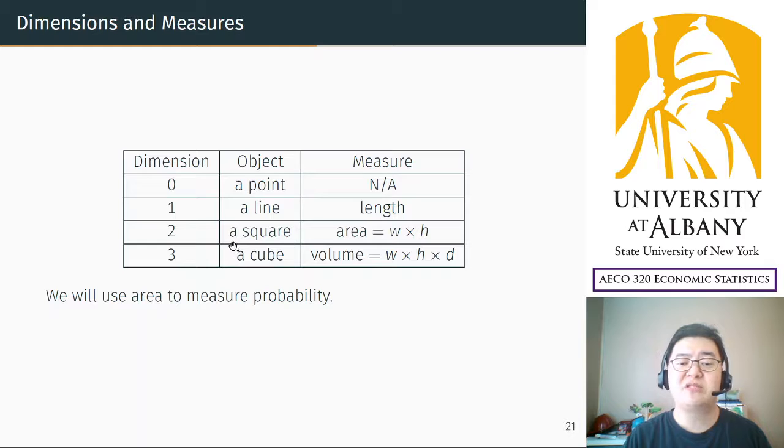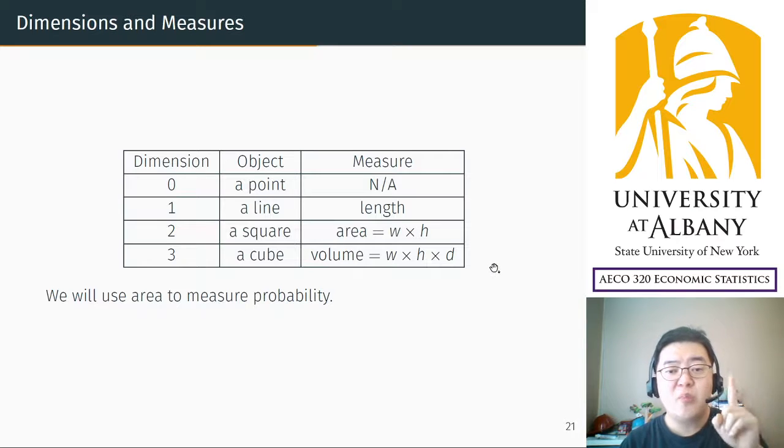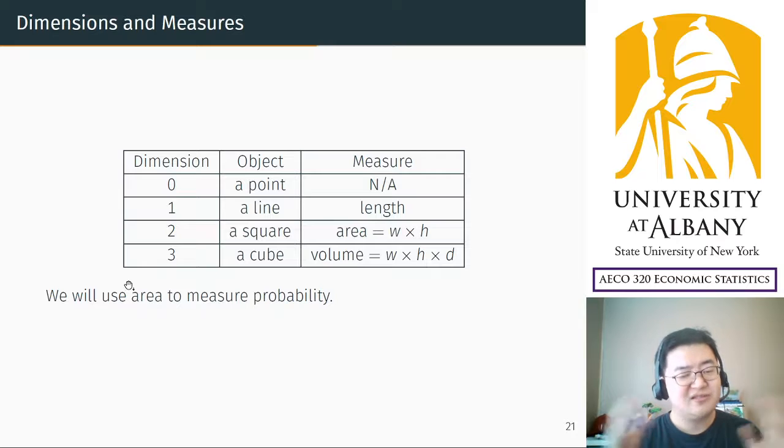If you think about a square or a rectangle or any shape in 2 dimensions, you can calculate its area. Area is its measure, and still one point has no measure. The result that one point has no probability still holds in 2 dimensions, but it is more general than the one-dimensional analysis. Then of course it will be more complicated.